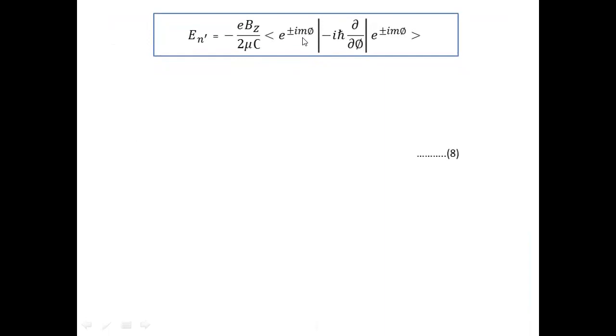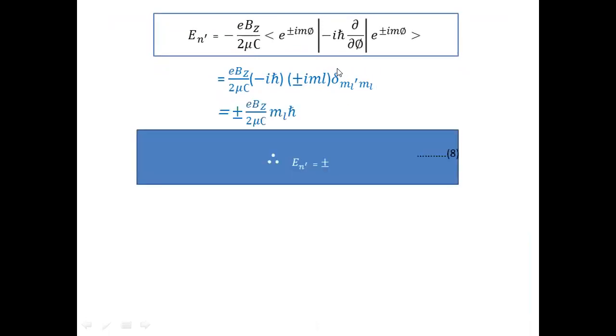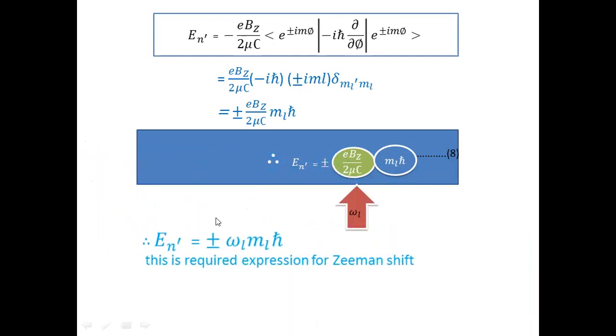Here I use the orthonormalization condition, and after simplifying we get E_n dash equals e B z by 2 mu c times m_l h-cut. Here e B z by twice mu c is the Larmor frequency omega L, and this is the required expression for the Zeeman shift.